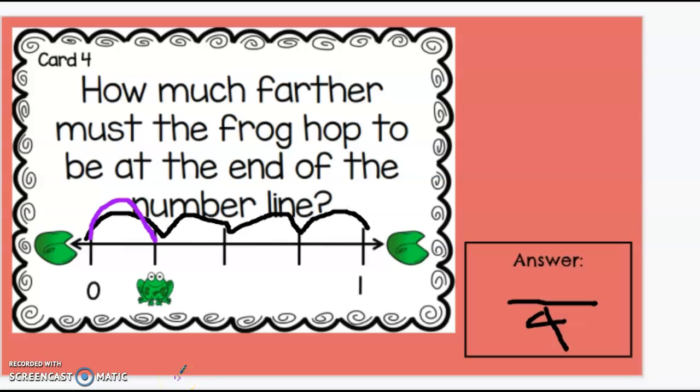I want to figure out how much further the frog has to hop or jump to be at the end of the number line. So I'm going to start counting from where the frog is to the end of the number line. 1, 2, 3. The frog still needs to jump 3/4 to reach the end of the number line.